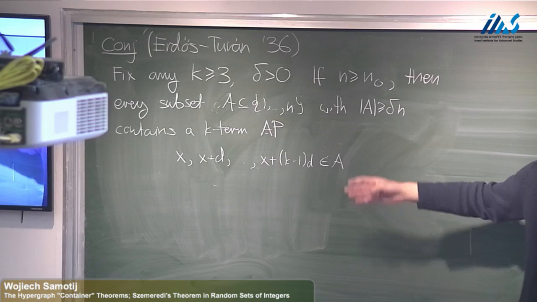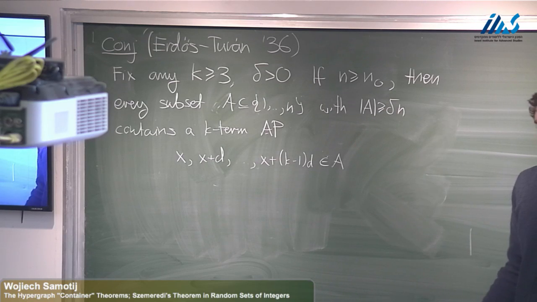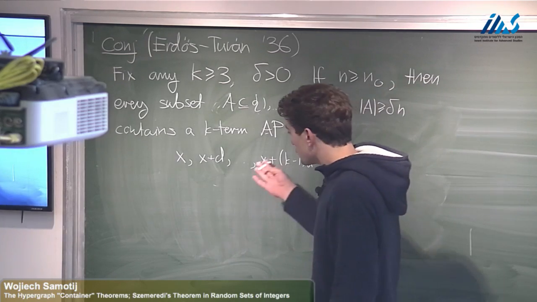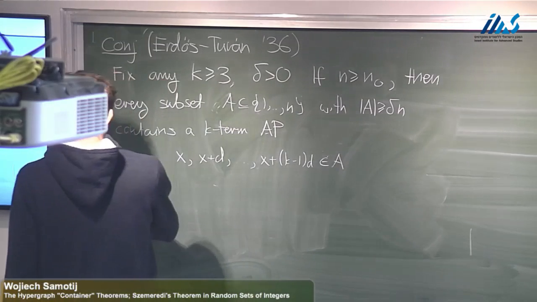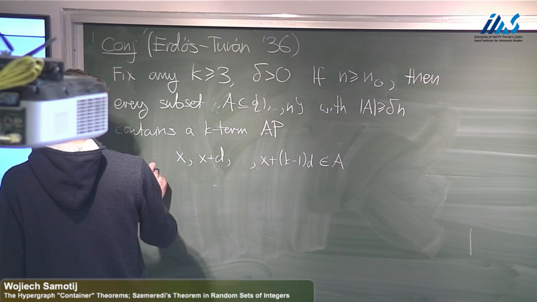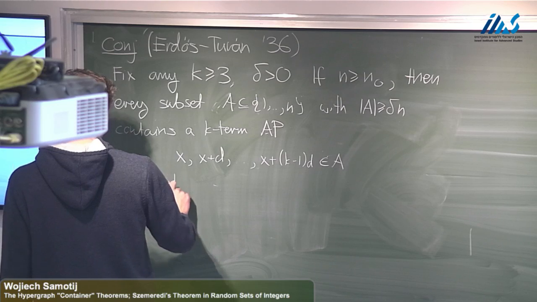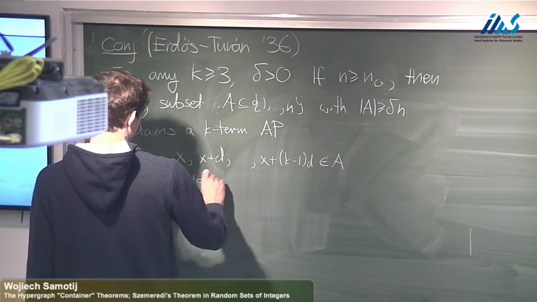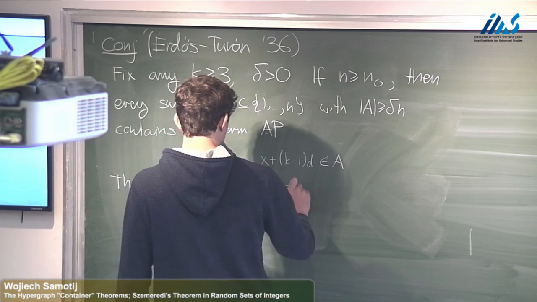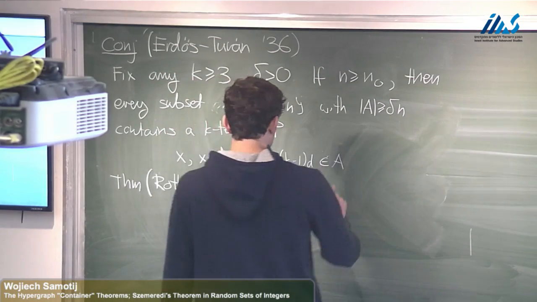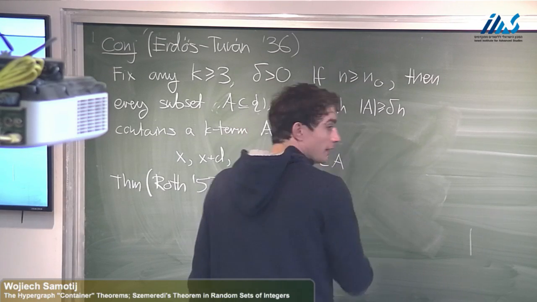So this theorem would imply the theorem of van der Waerden. Now, this question turned out to be fairly difficult. It was proved first in the case k equals 3 by Klaus Roth, I think in 53, then Endre Szemerédi in 69.